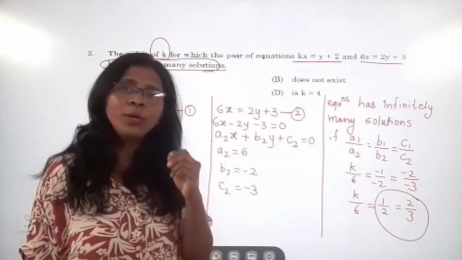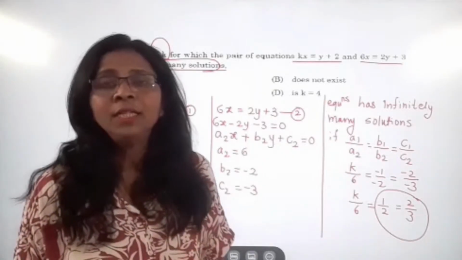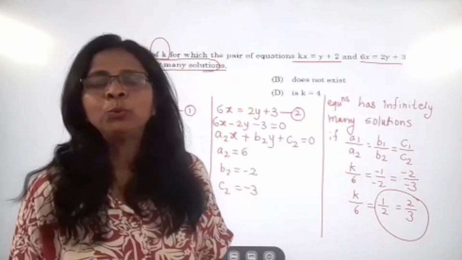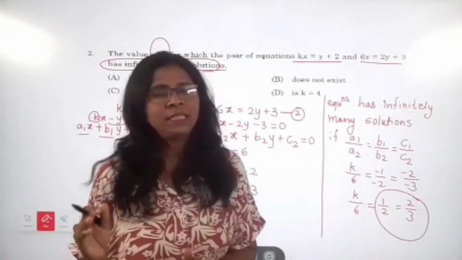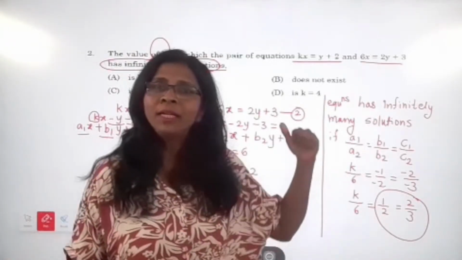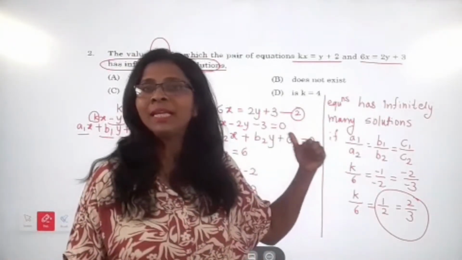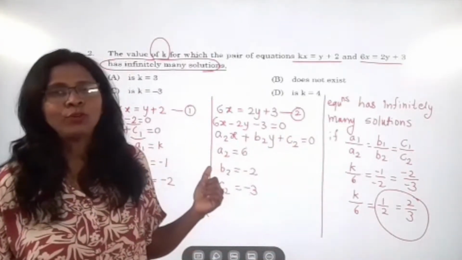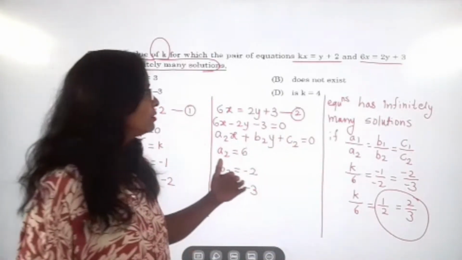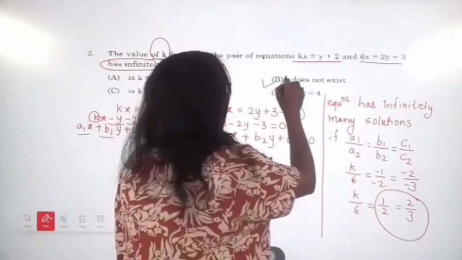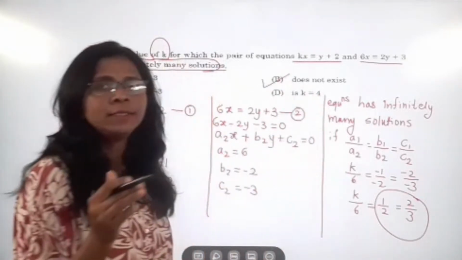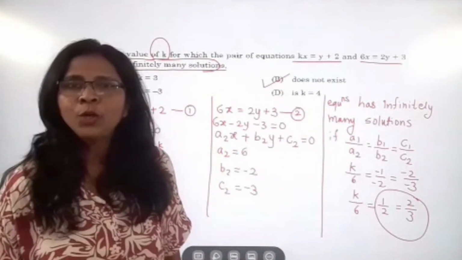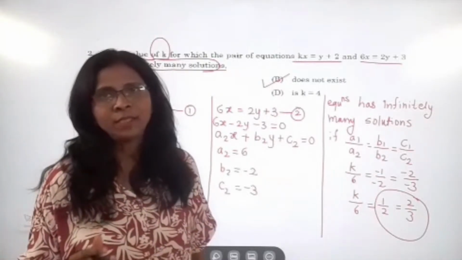We couldn't get the value of k because b1 upon b2 is not equal to c1 upon c2, and here the condition applicable is that it has infinitely many solutions, so it is not possible. So that's why the correct option is B, does not exist. The value of k does not exist.